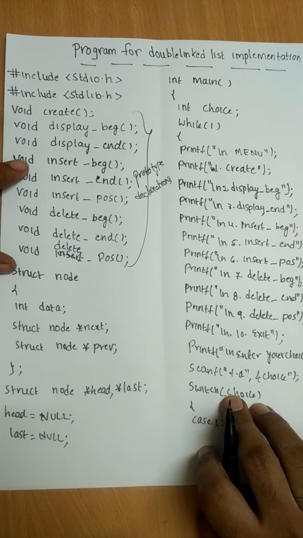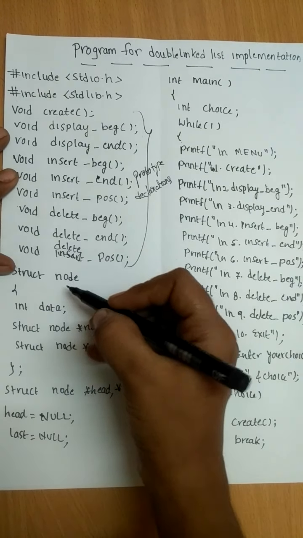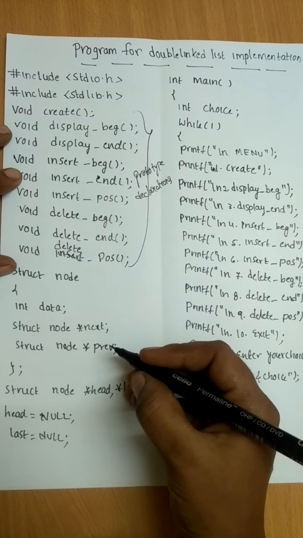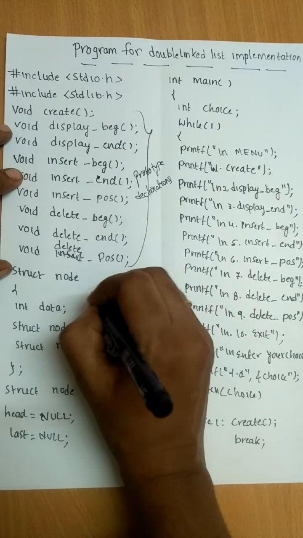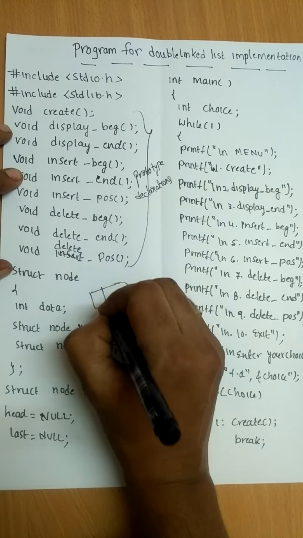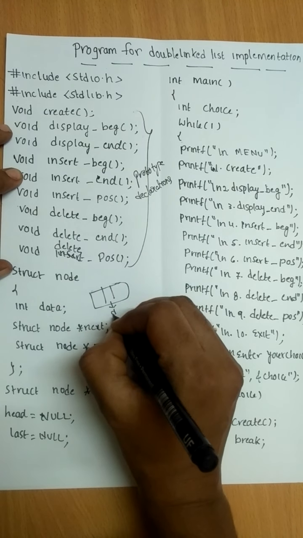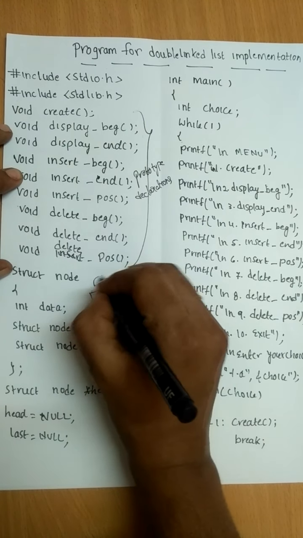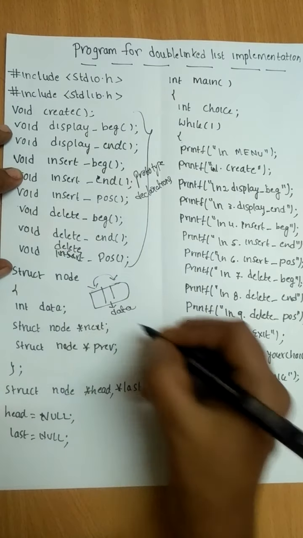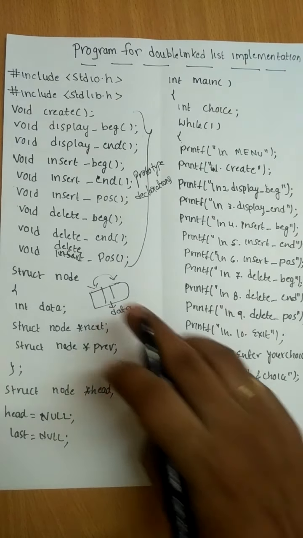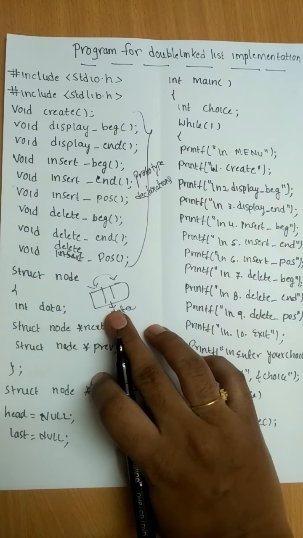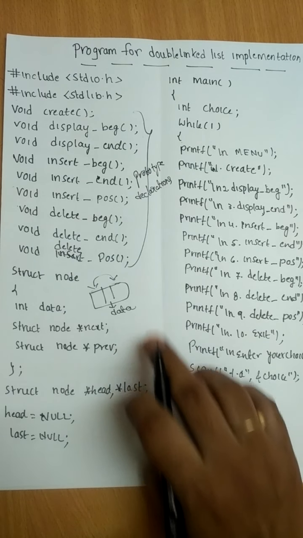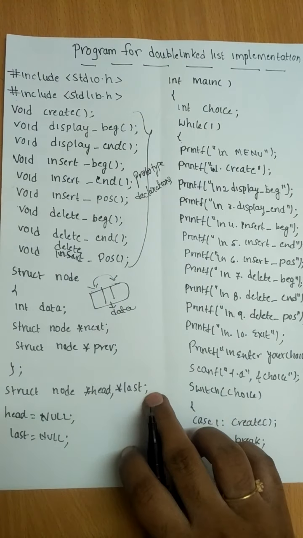Right. Next, this is a double linked list. Double linked list means three parts are there: one data part and two address parts. So to implement that double linked list, we use a structure. So define a structure which consists of one data part and two address parts.